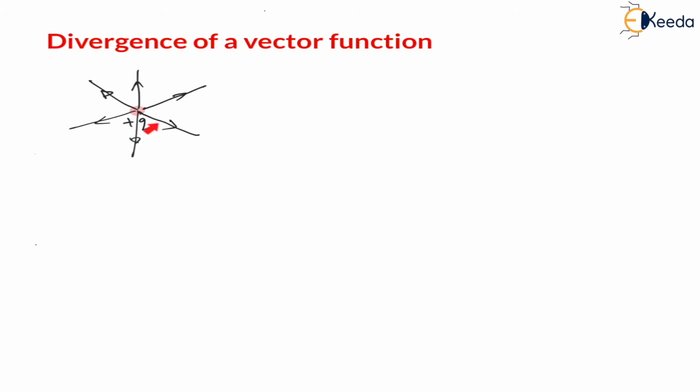But here, the strength of the field does not change. As I go away, the strength remains the same. That's why the divergence of this electric field, divergence meaning del dot E, is zero, and this is valid for a point charge only.